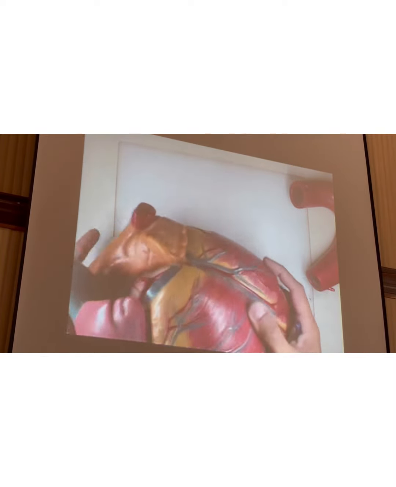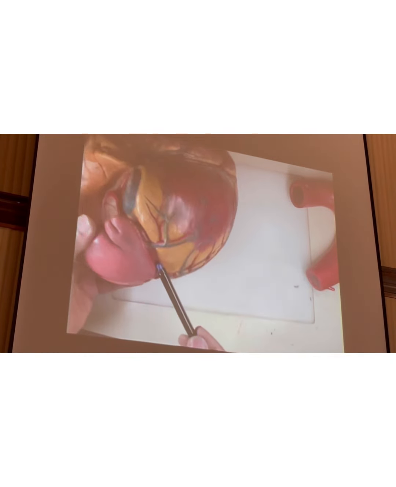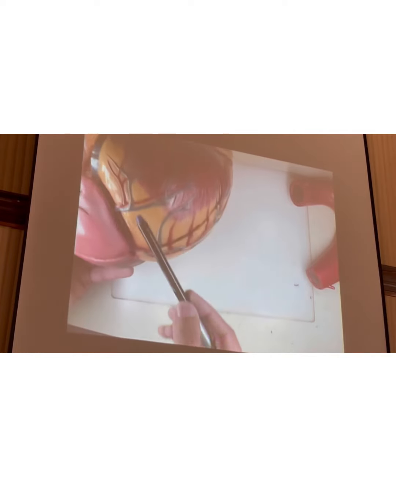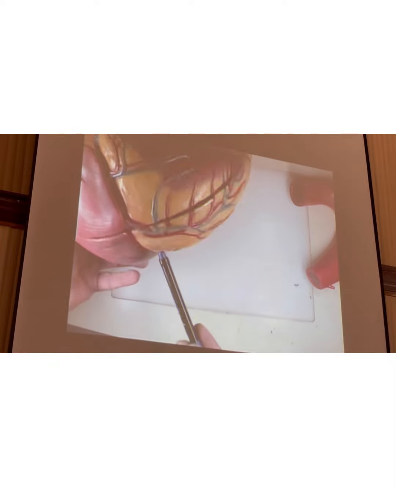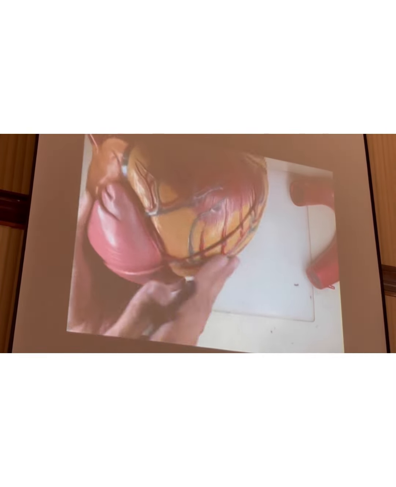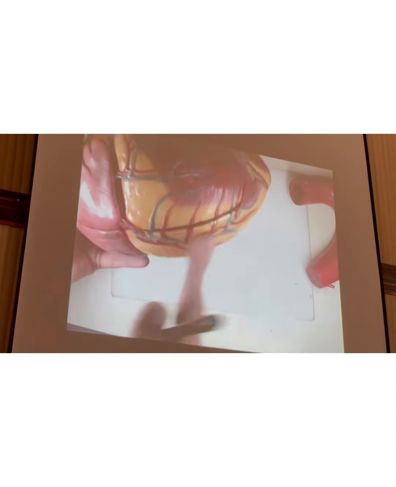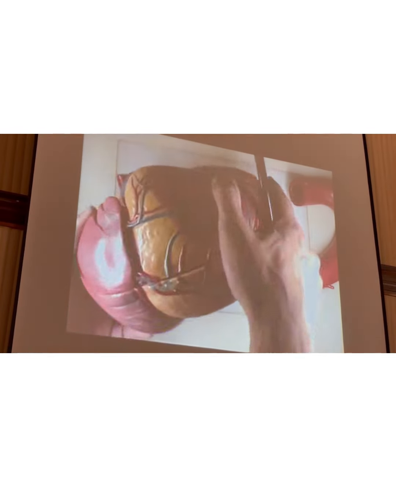So this is regarding the right coronary artery. We said the right atrioventricular groove gives the conus, the right conus branch, and 2 or 3 ventricular branches. The larger of them is the right marginal, which runs along the inferior border of the heart. This is the right marginal artery.